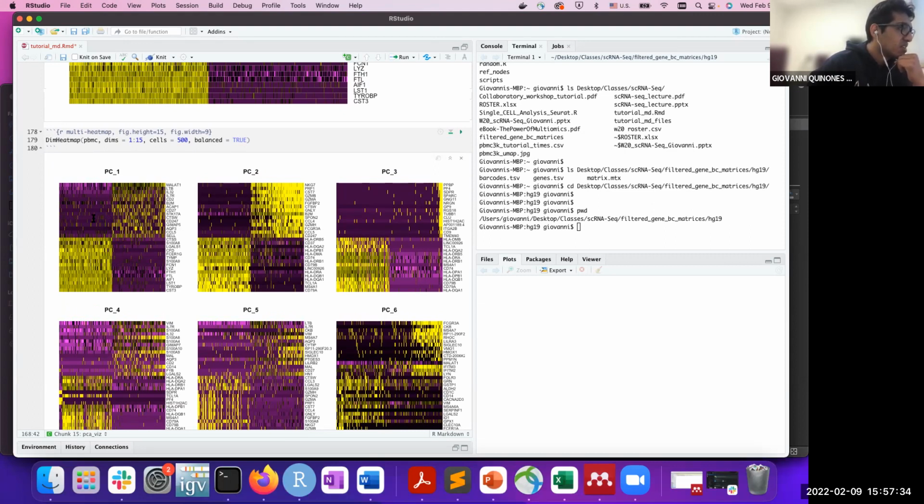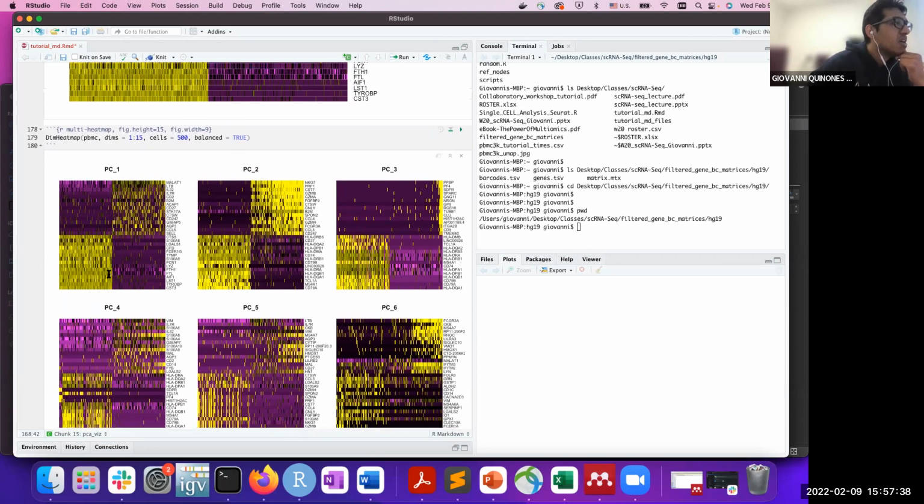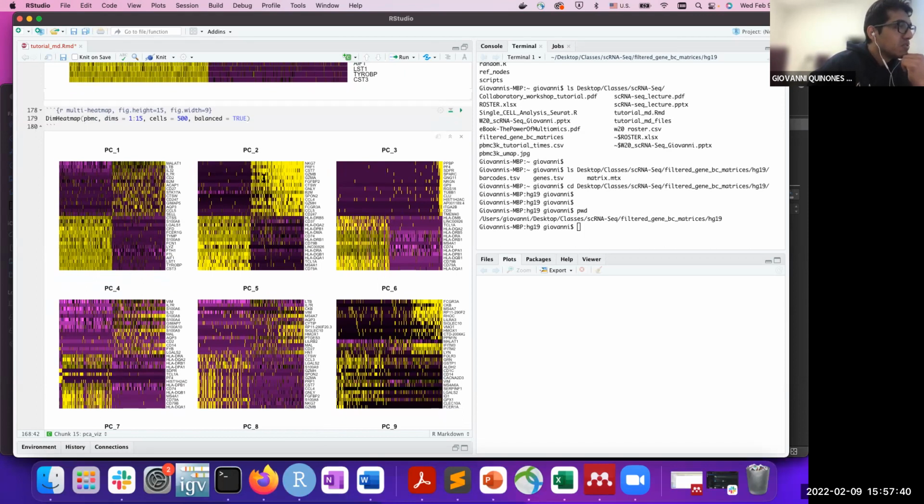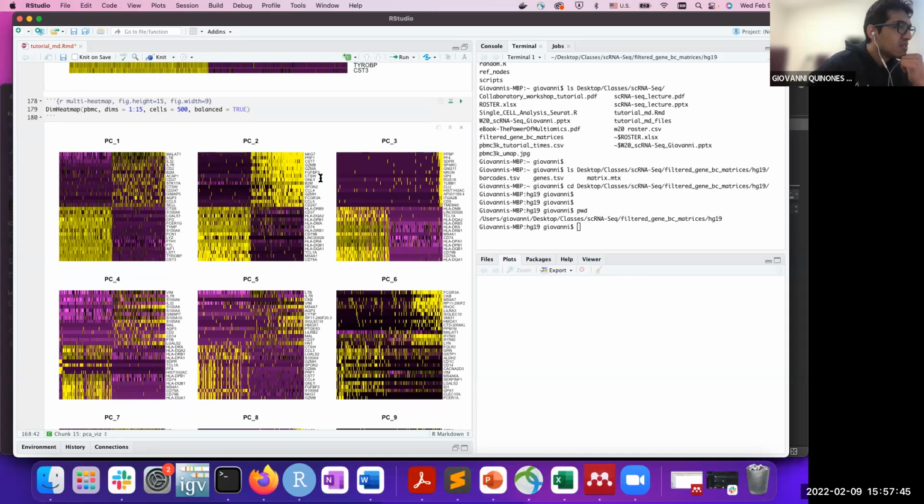Here this is clearly one cluster, and this is clearly another one. If we look at PC2, it's still pretty strong, and we can still tell what the two different groups are.